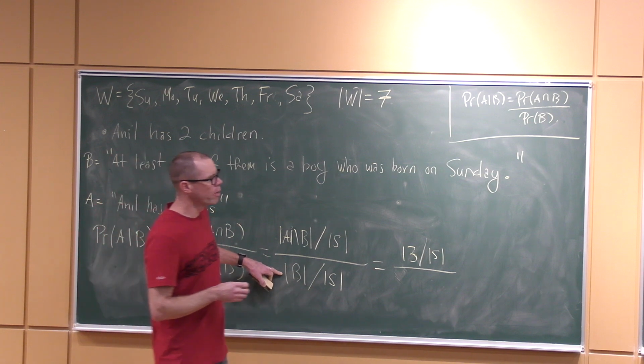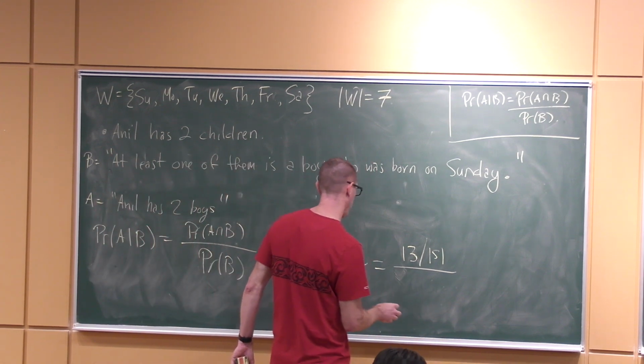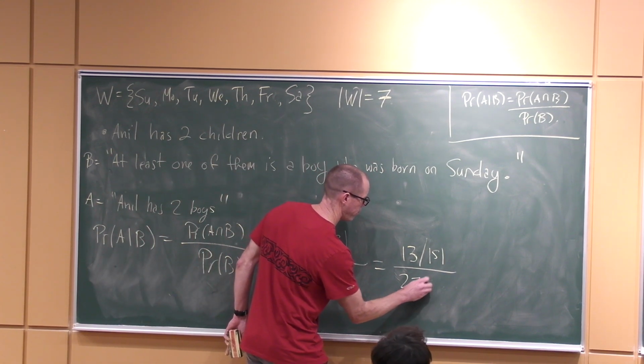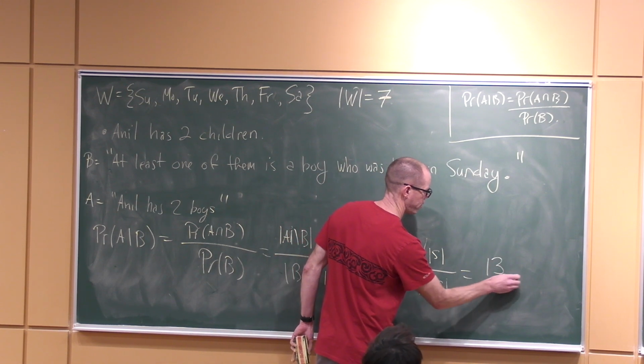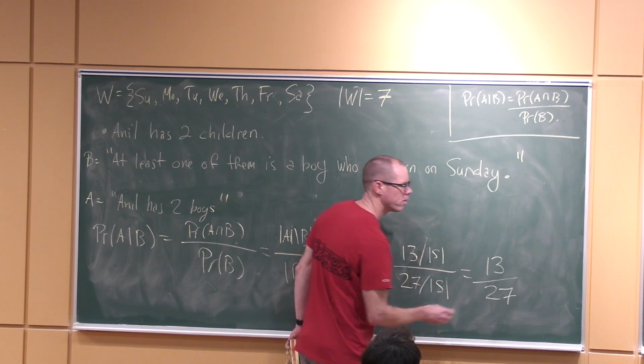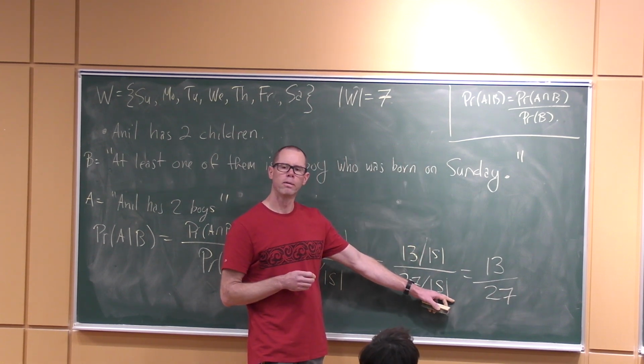B is, what did I say B was? 27. The answer is 13 over 27.